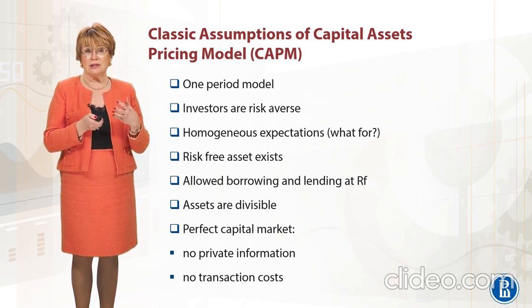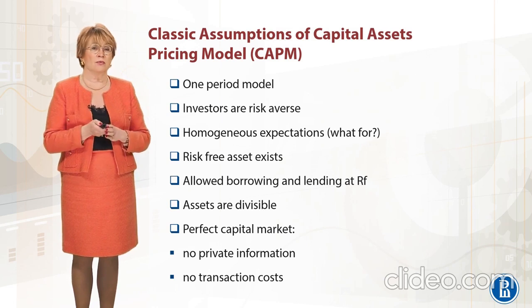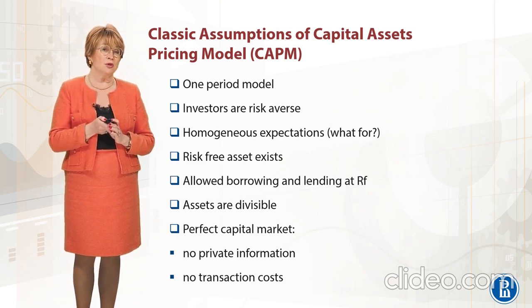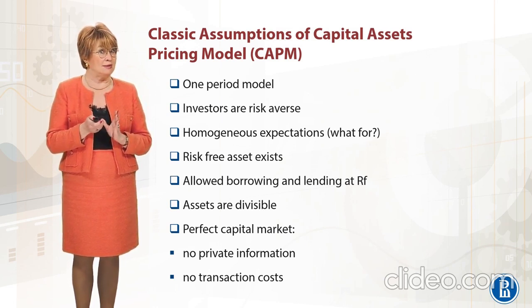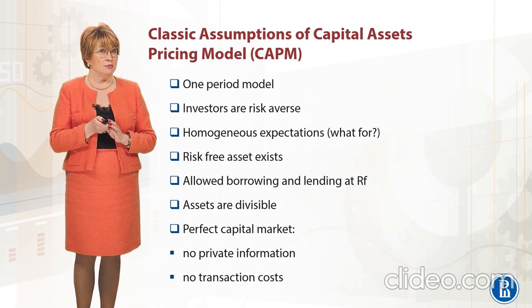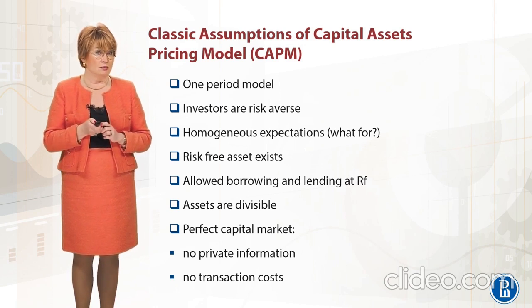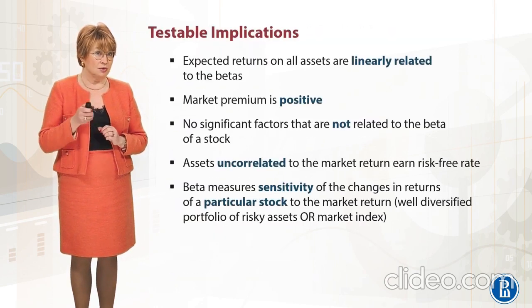We can see that this is an ideal list of assumptions which may not 100% exist in some particular concrete capital market. But it always happens in finance because we need some model, and the model assumes some ideal assumptions.